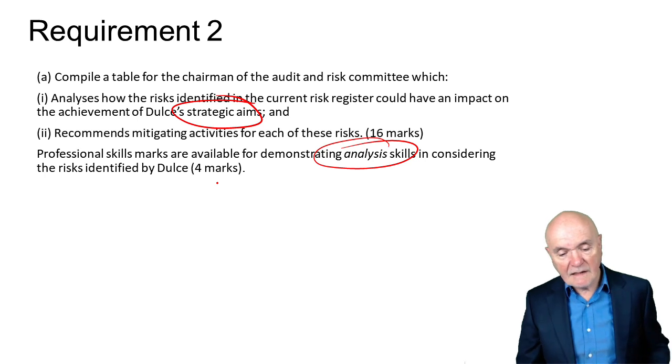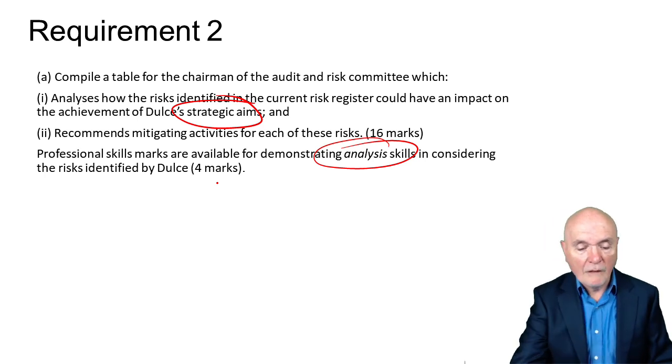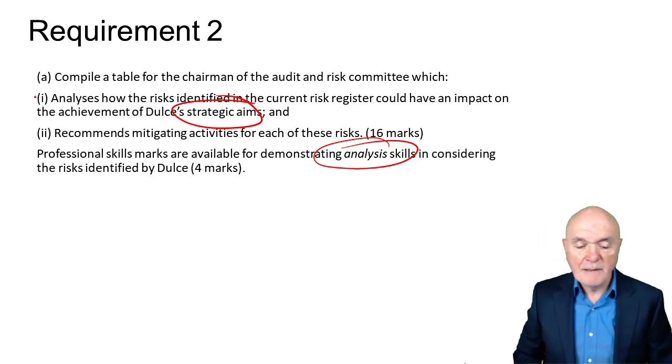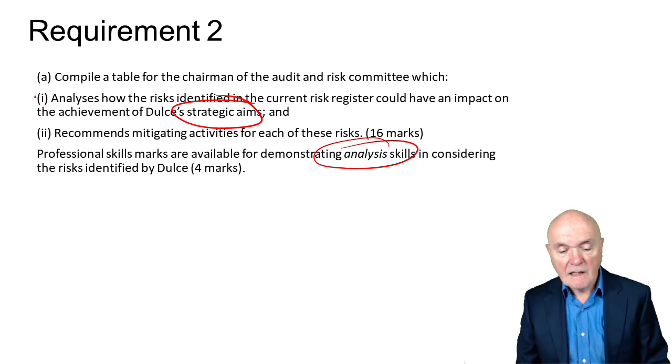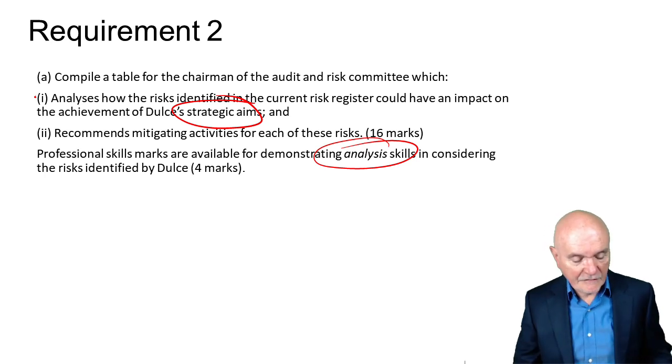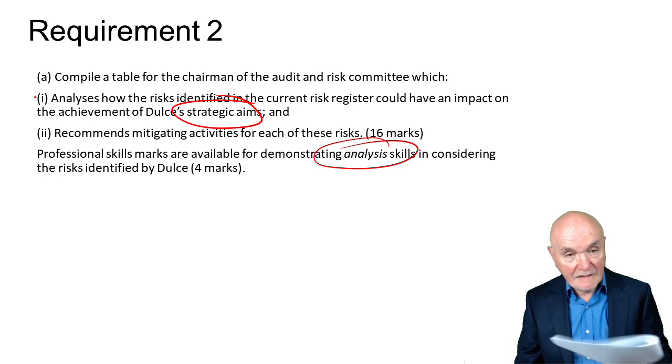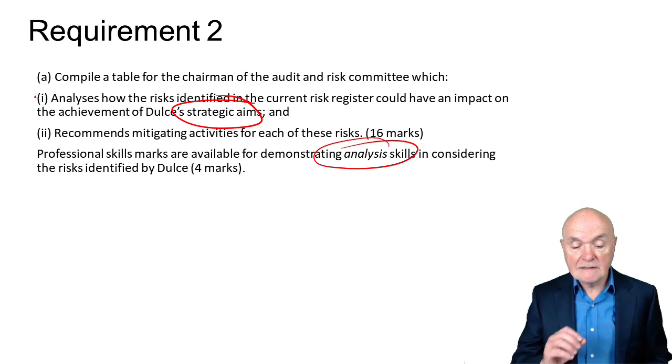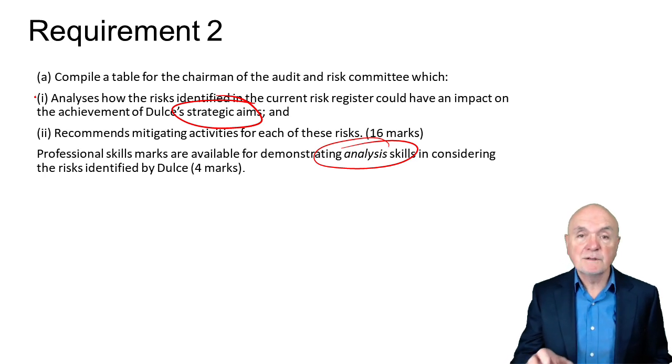I find requirement A1 here a bit peculiar, because I think once they have described the risk in the question paper, it is almost completely obvious what effect this will have on their strategic aims.